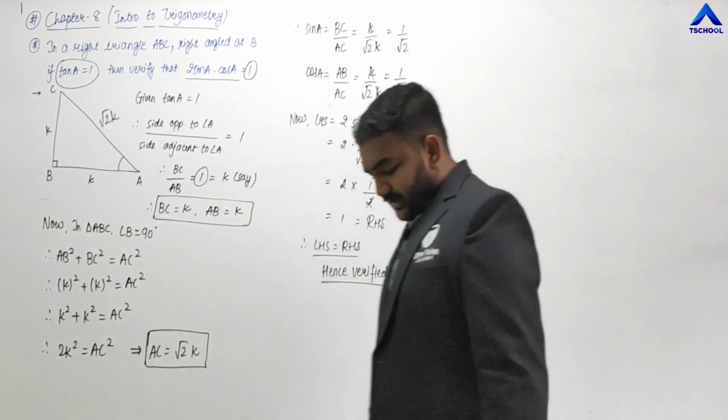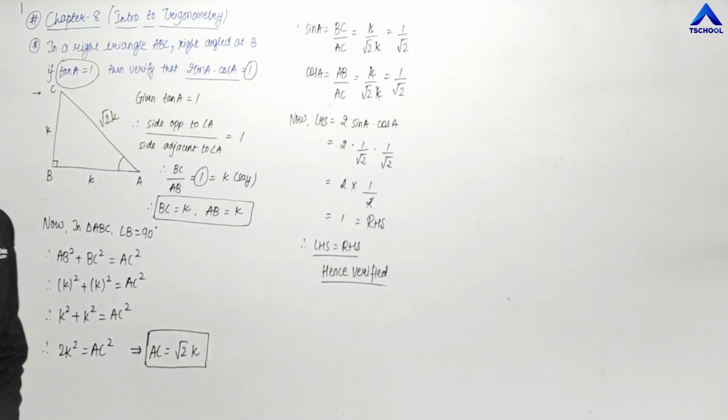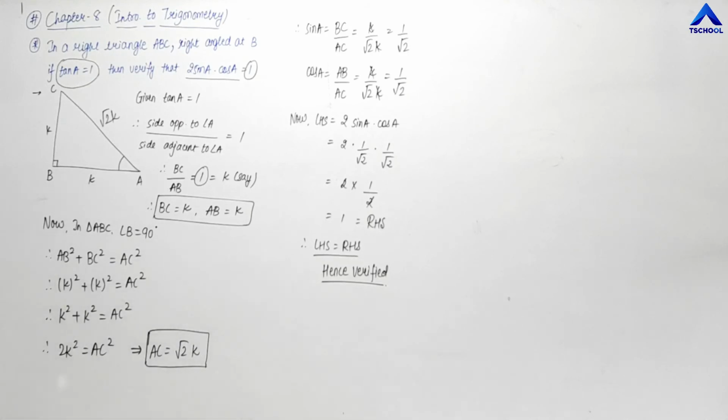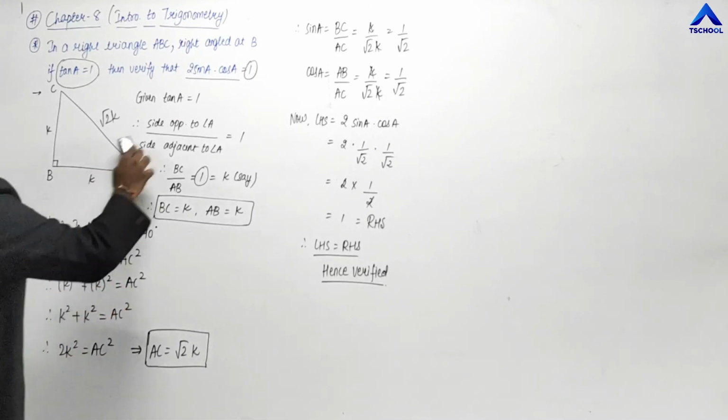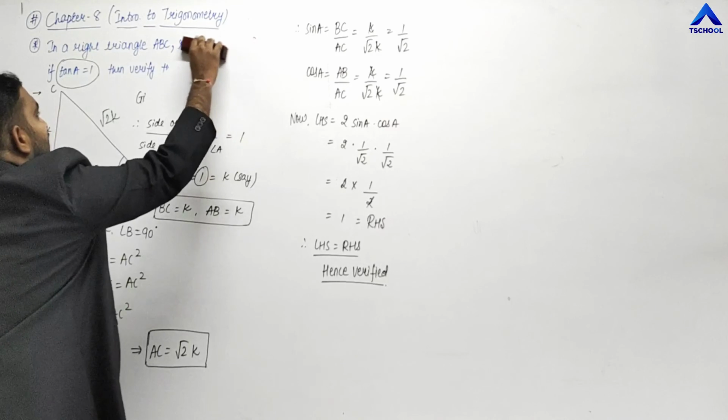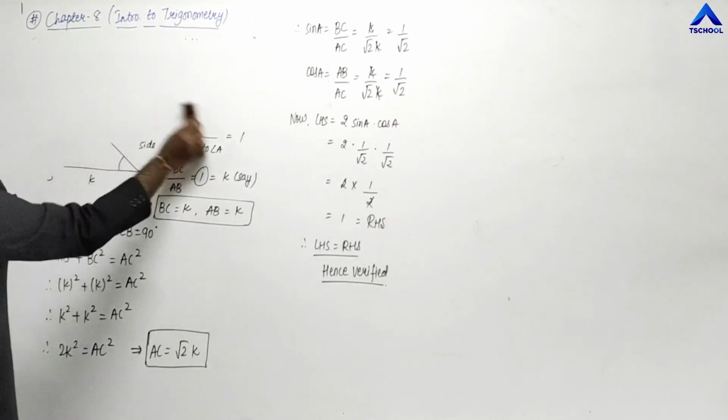Okay, let us solve one more sum that is somewhat of a different kind. You need to apply a different logic, but that logic is nothing more than the Pythagoras theorem, and then we shall apply the logic of the trigonometric ratios.